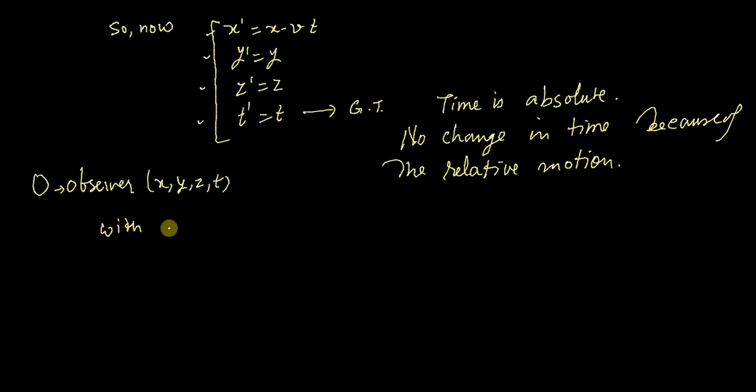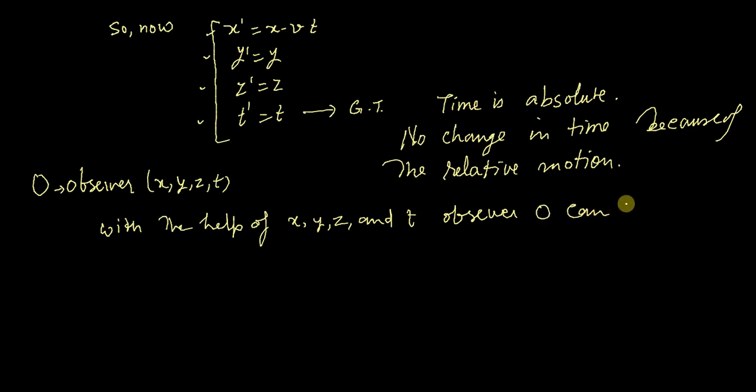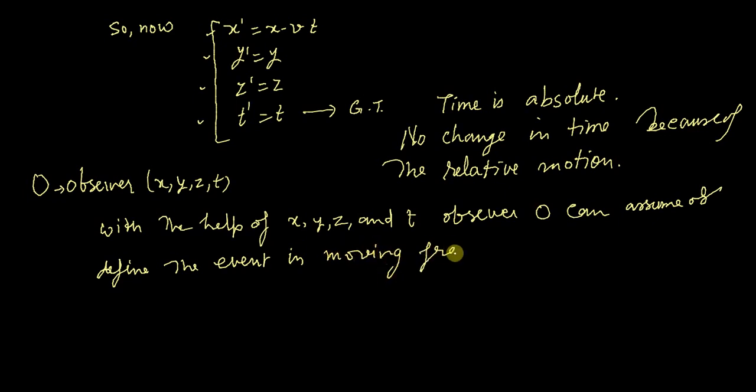With the help of x, y, z and t, observer O can assume or define the event in the moving frame, that is S prime.